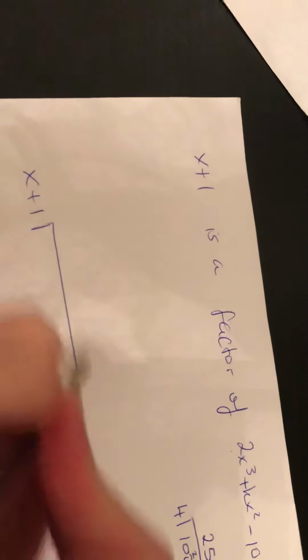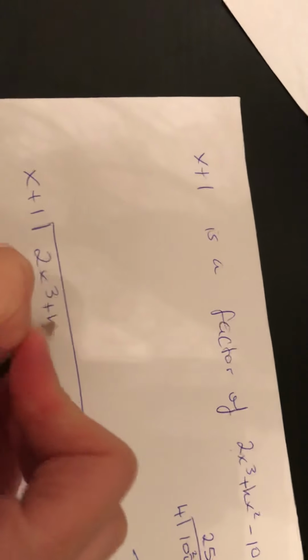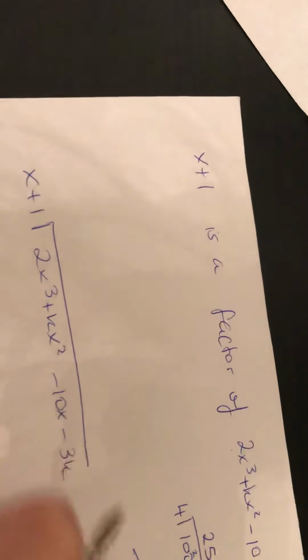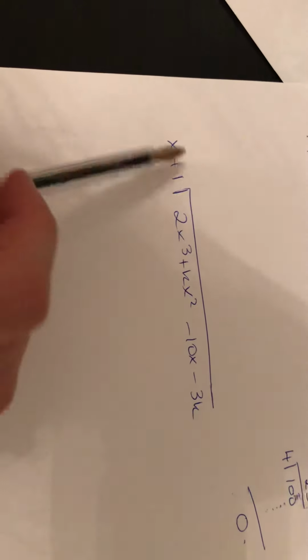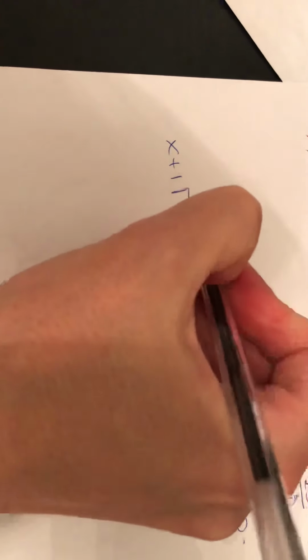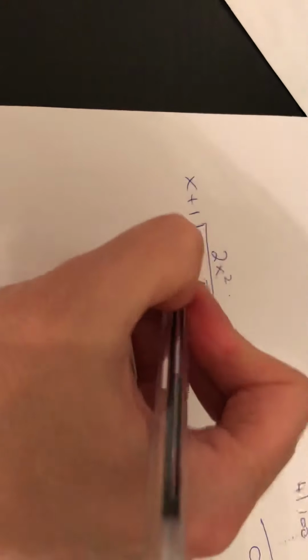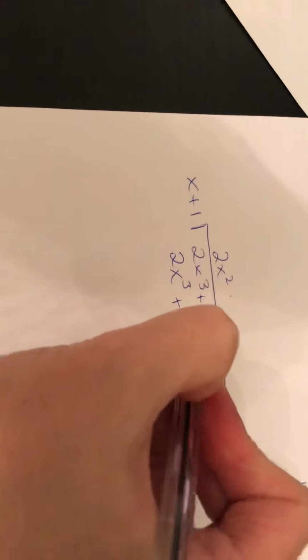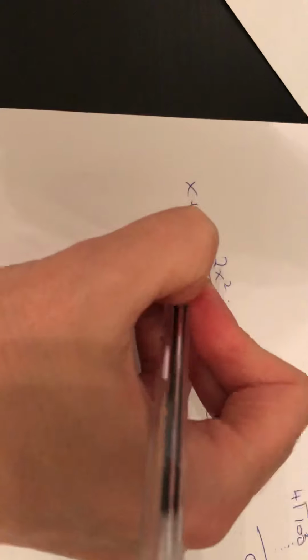So x plus 1 into 2x cubed plus kx squared minus 10x minus 3k. What do I multiply x by to give me a 2x cubed? That's a 2x squared. So multiply that out and I subtract. 2x cubed minus 2x cubed, gone.